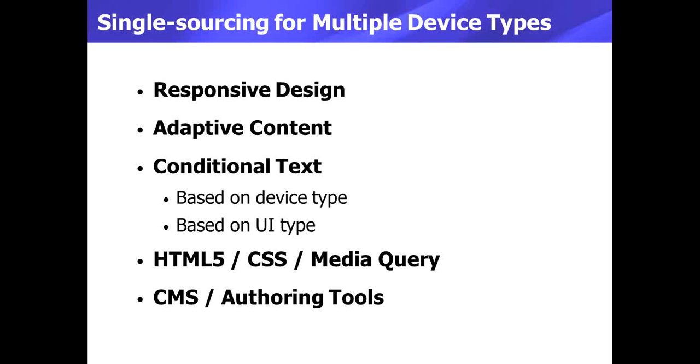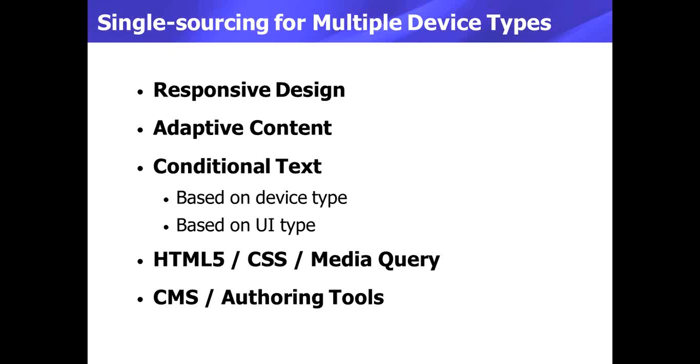And I'll use conditional text in my authoring tool as a way to be able to manage that. HTML5 using media query can be a way for the right type of information to be delivered based on the device that somebody is using at the time.